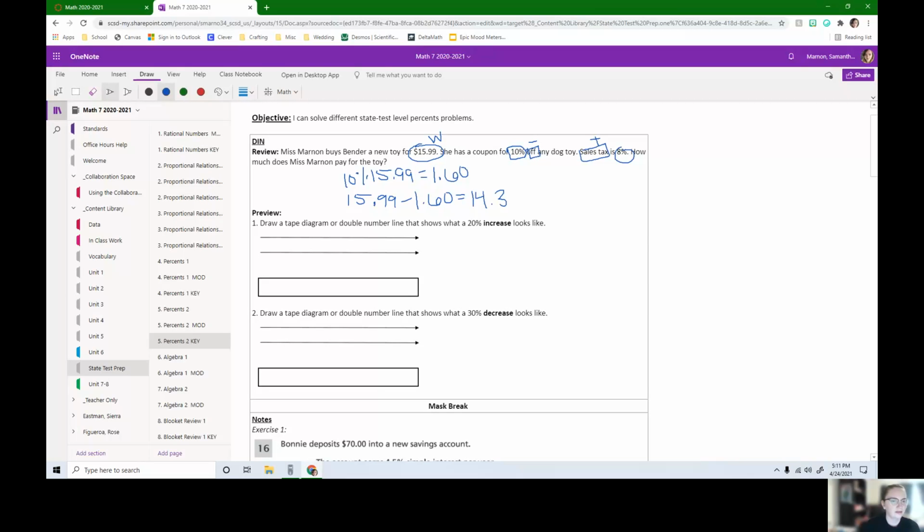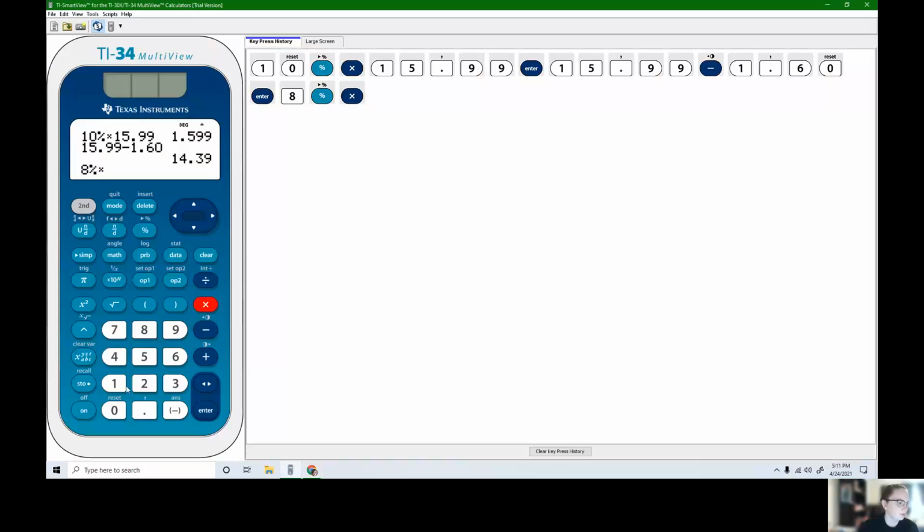But we still have to pay sales tax on that, so we need to add that on. We're going to do 8% times our new whole, the $14.39. Figure out how much we're paying in sales tax. 8% times 14.39, and we get $1.15 when we round it.